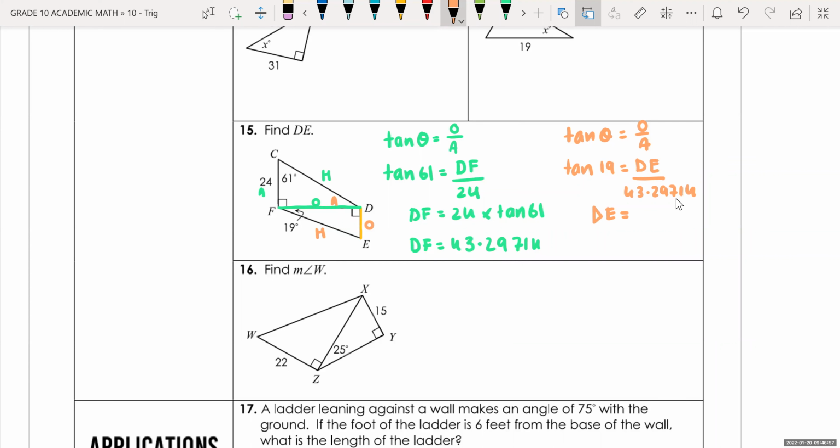I didn't even erase my calculator, so all I need to do is times tan 19 to give me my final answer. What did you guys get for your final answer? And now we can round it. 14.91? Yeah, 14.91 units.